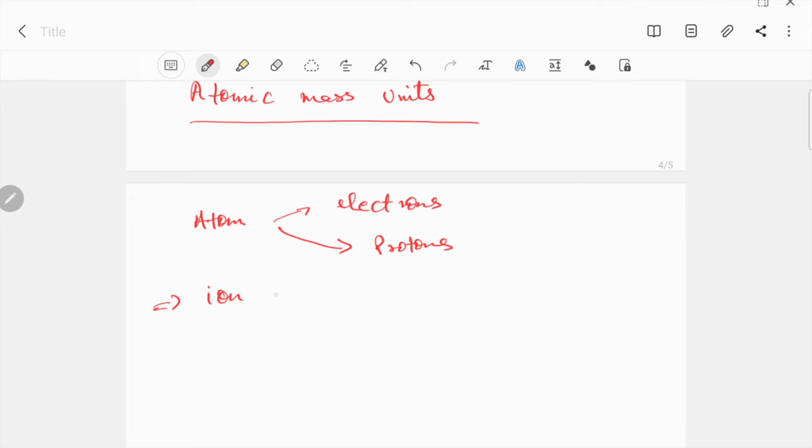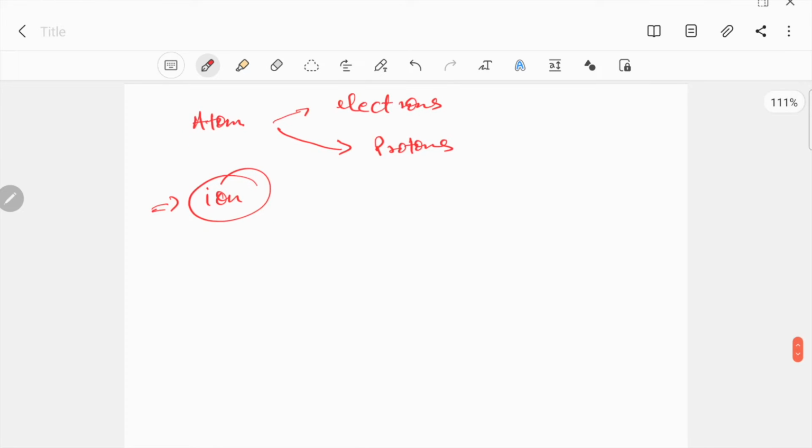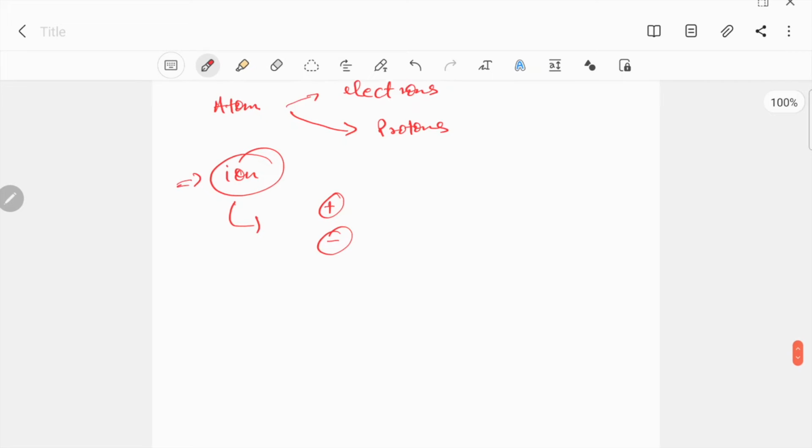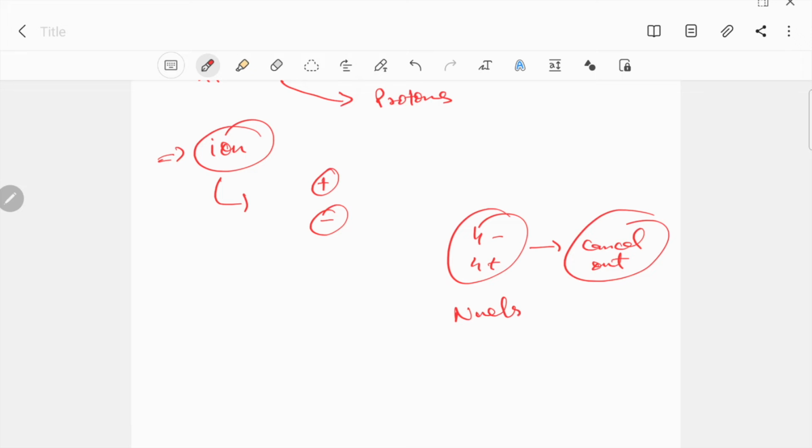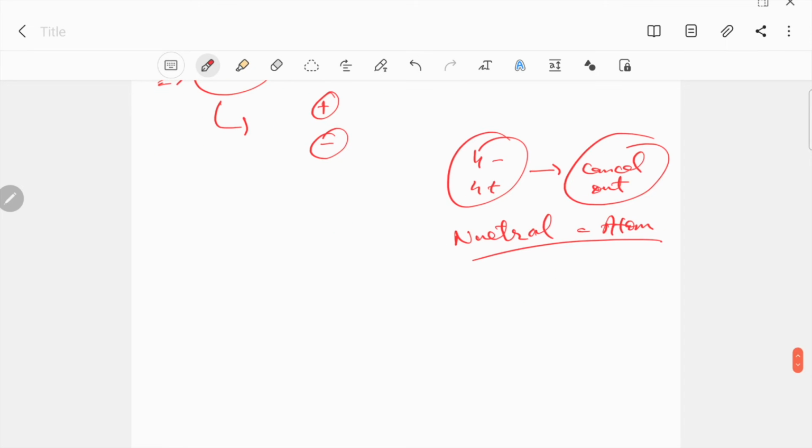लेकिन this is where the concept of ion comes in. अगर किसी एटम के पास different numbers of electrons हैं compared to the protons, that atom will either have a positive or a negative charge. It is simple mathematics. अगर आपके पास 4 negative charges हैं और 4 ही positive charges हैं, तो they will cancel out and the product will be neutral, and so an atom is neutral.